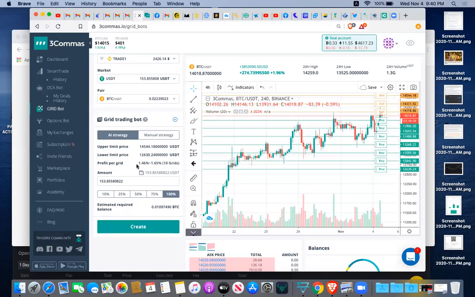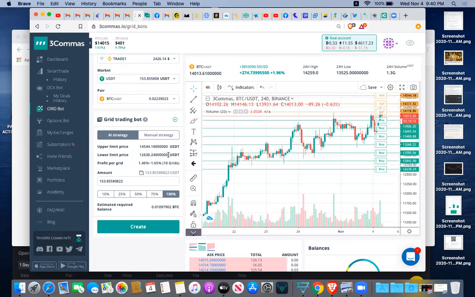Look at it now. What is showing now is the upper limit of Bitcoin and the lower limit, where I enter the market back in a particular market, 12,630. It is showing you that the upper limit of Bitcoin within this season is about $14,544.